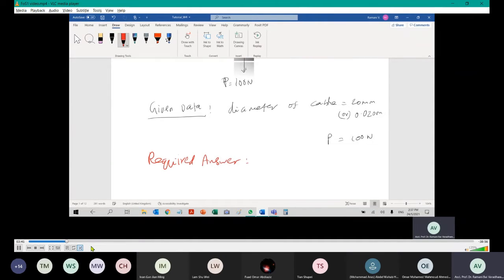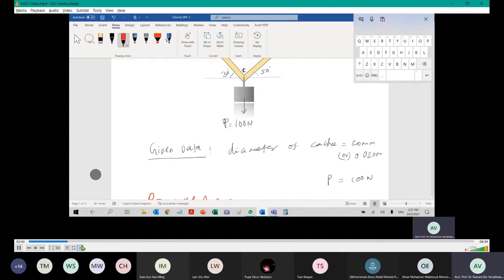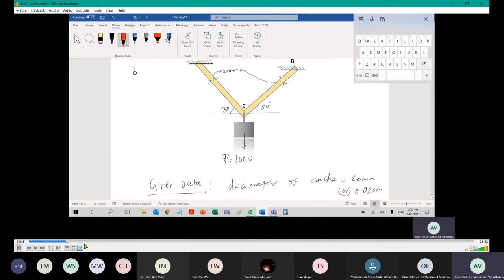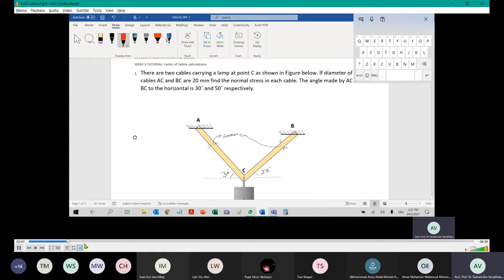You need to find the stresses in the members. Normal stresses. Why do I say normal? The load is acting perpendicular to the cross section. Normal or shear we will find out later on, but let's find the stress. Both members are extended on the same side, so it is a normal stress.